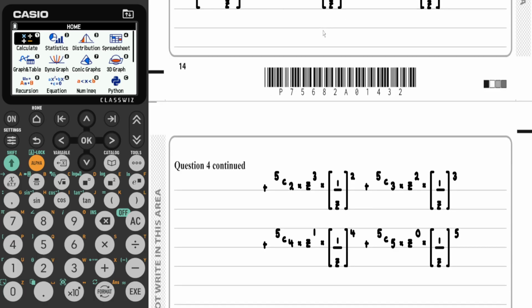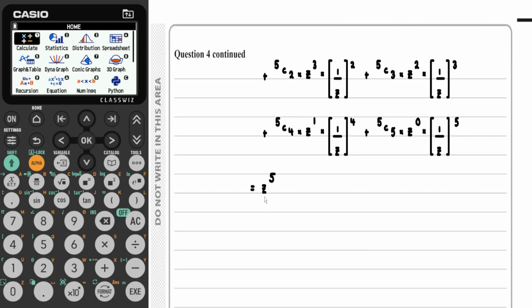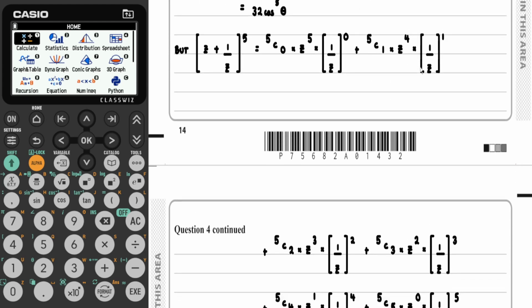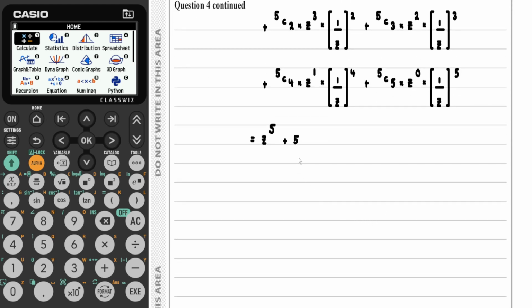For the first term, that will simplify to z to the 5. For the next term, that will simplify to 5 z to the 4 times 1 over z. For the next term, that will be 10 z cubed times 1 over z squared.